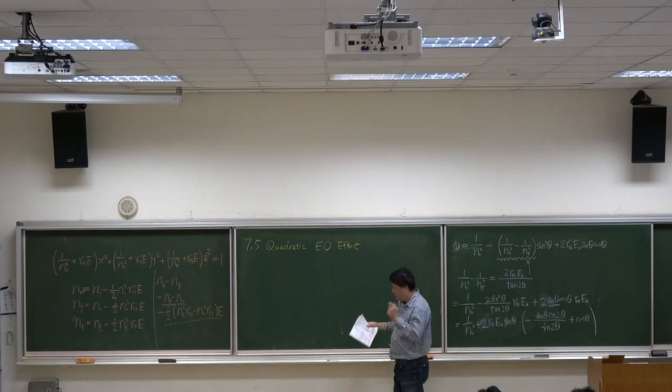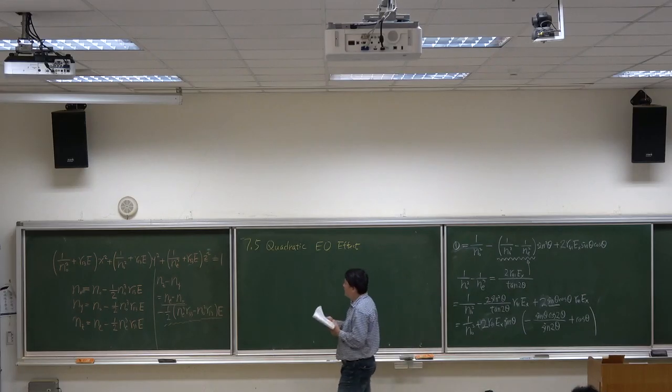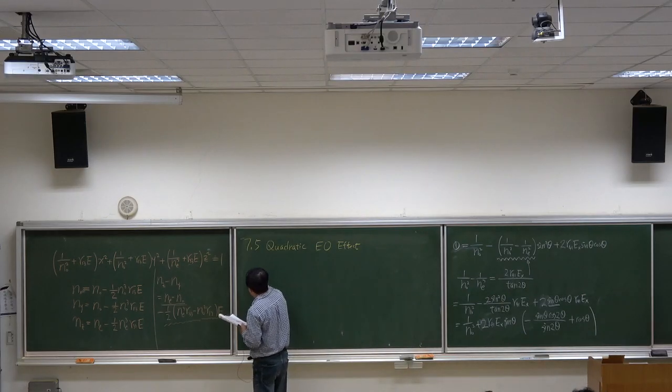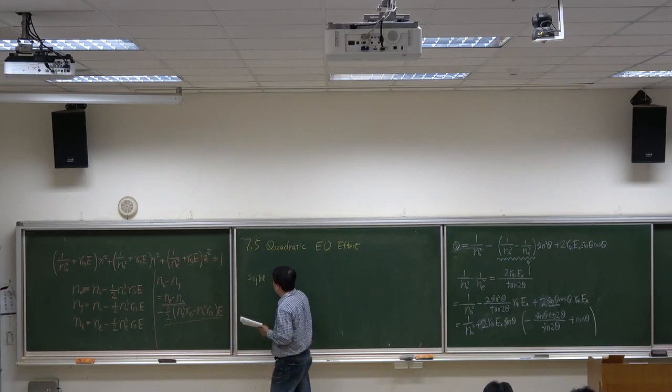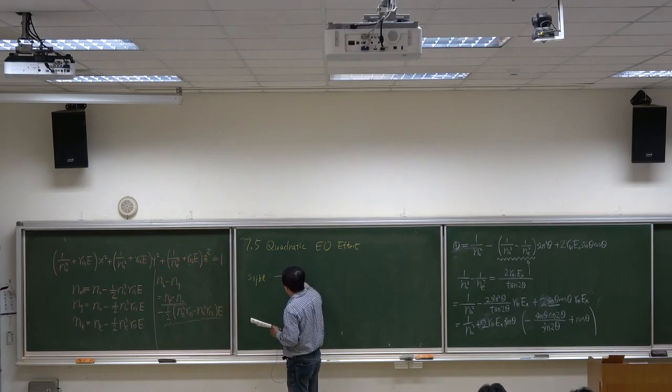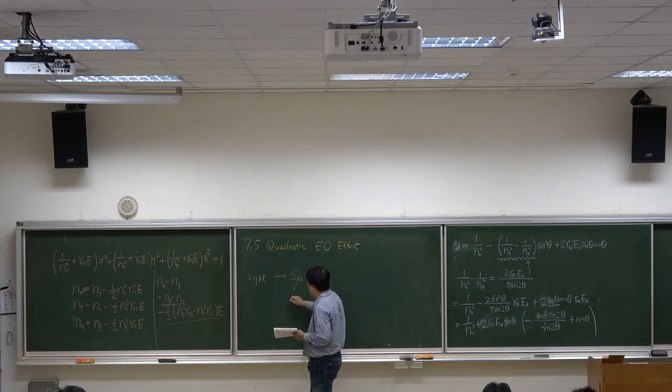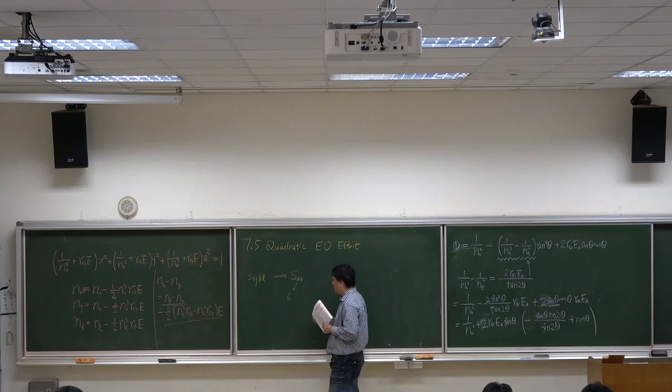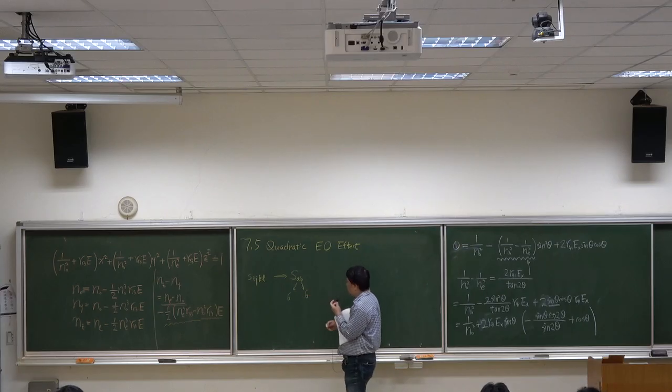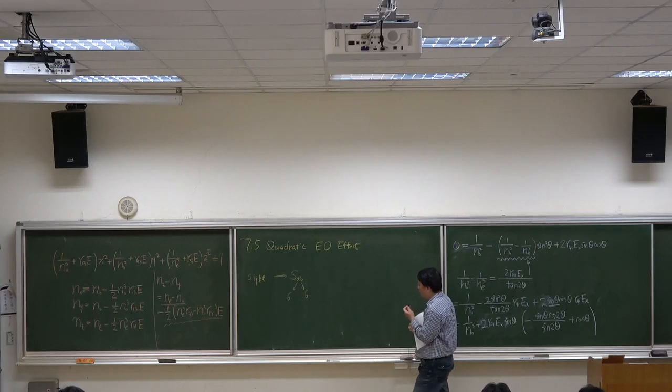For the projected EO effect, we have the S matrix Sijkl, which can be renamed as SAB.